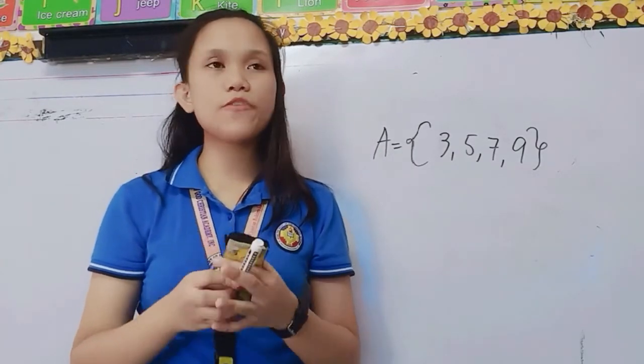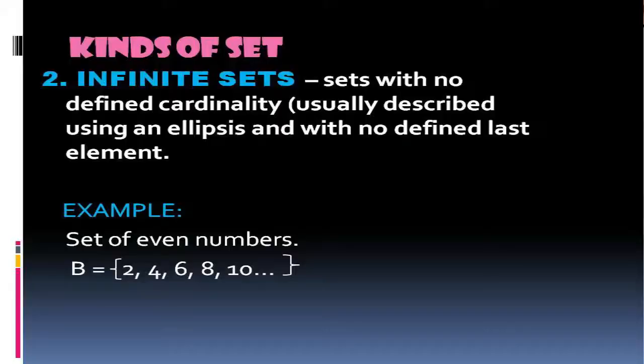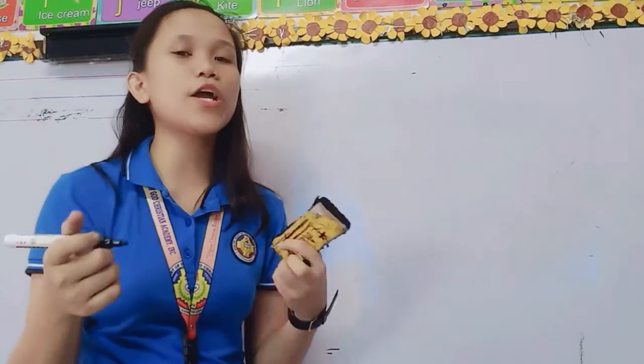So what is the difference of a finite set to an infinite set? When we say infinite set, these are sets with no defined cardinality, usually described using an ellipsis and with no defined last element. So for example, the set of even numbers. So what are the even numbers?